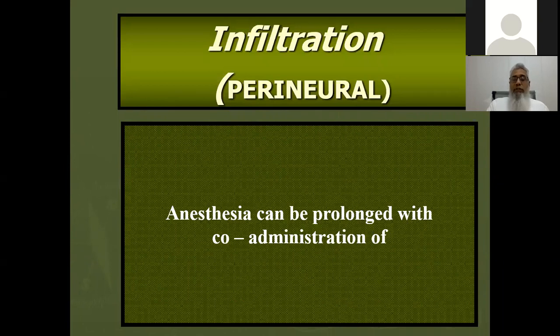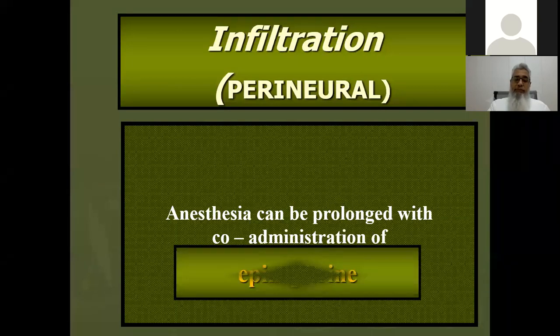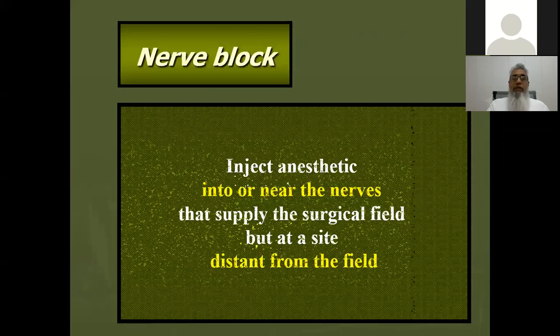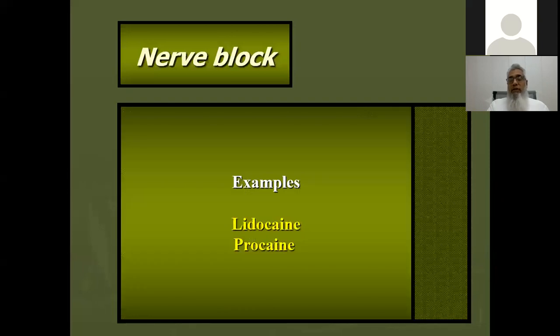Their duration of action can be prolonged with co-administration of an alpha agonist sympathomimetic drug, I've already discussed, with the addition of epinephrine. With the addition of epinephrine, the duration of action is prolonged, the quality of block is better, and there are fewer chances of toxicity of the drug.